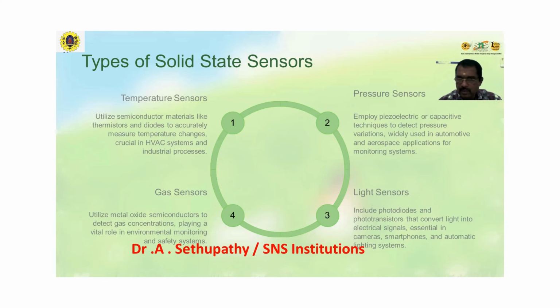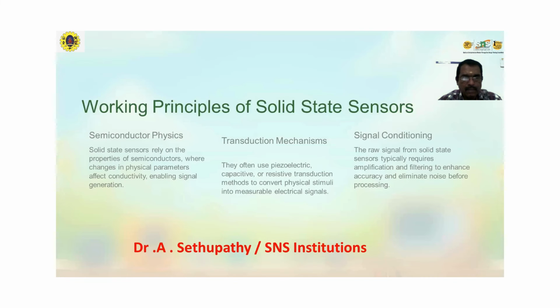Then light sensors include photodiodes and phototransistors. In this sensor, light is converted into electric signals and this is used in cameras, smartphones and automatic lighting systems. So in these areas, we are using solid state light sensors.